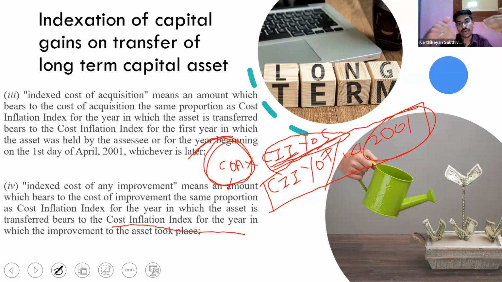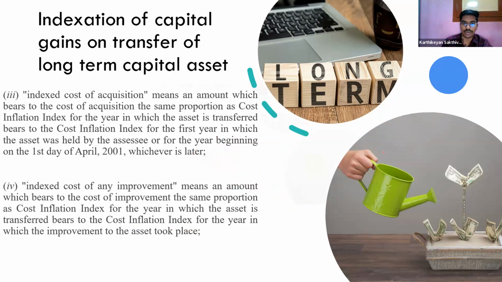So if your improvement is made before 1st April 2001, once you're substituting the fair market value, your cost of improvement will also be included in that fair market value determination as on 1st April 2001. So you have an option to either choose fair market value as on 1st April 2001, or you can choose cost of acquisition. But here your cost inflation index maximum base will be only 100, it will not go lower.